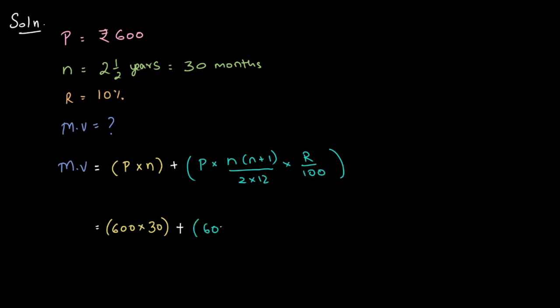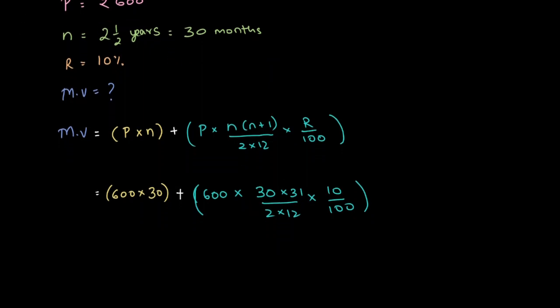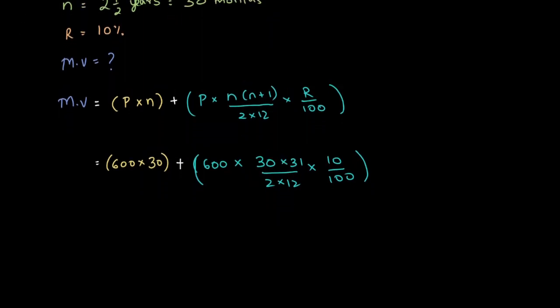So 600 into N, that is 30, N plus 1 will be 31, divided by 2 into 12 into 10 by 100. Alright, so we substituted all our values. Now all we need to do is just solve it. Feel free to pause the video anytime and solve it on your own if you're feeling confident.